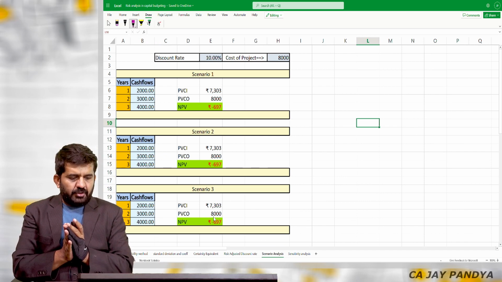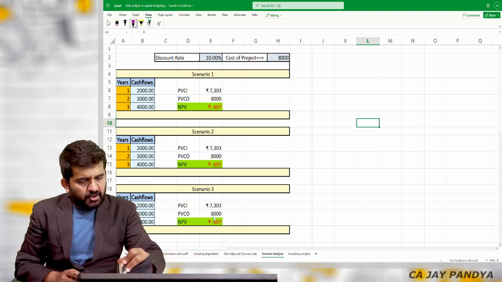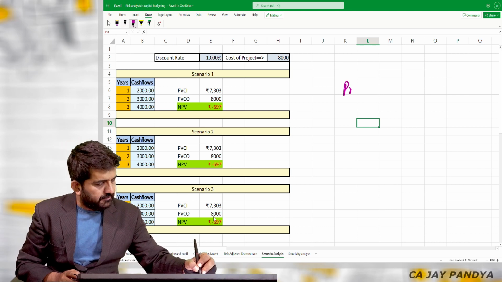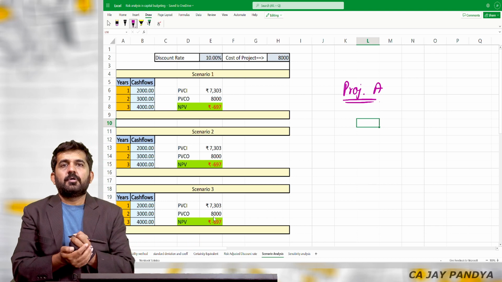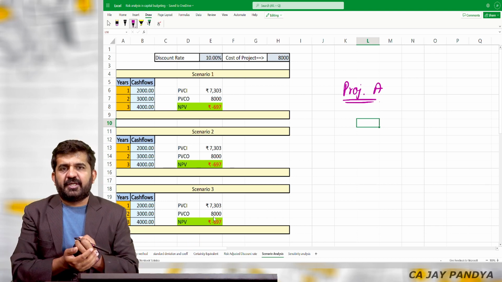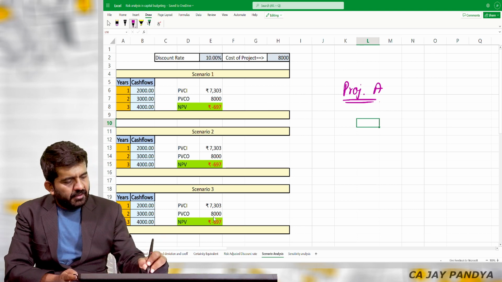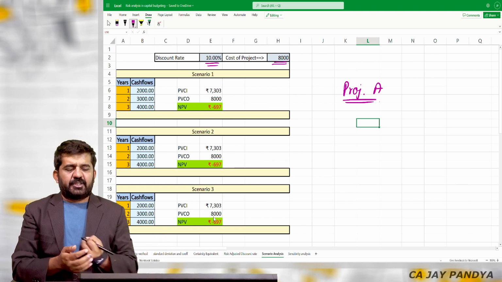Understand, a company is planning to take a project, which is project A. The project is going to run for 3 periods. The discount rate is 10% and the cost of project is 8,000.